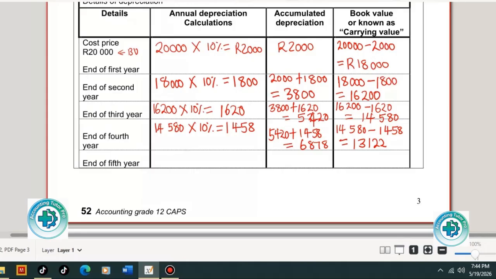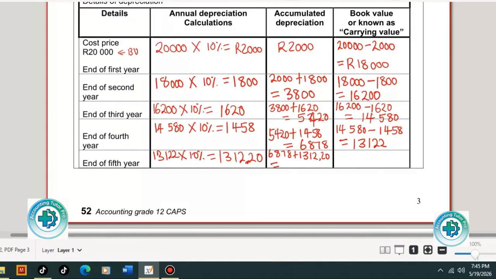And in the last year, the end of the fifth year, to calculate the depreciation for the year, we say 13,122 multiplied by 10%. This will give you 1,312 rand 20 cents. This amount is added to the already accumulated depreciation for the asset for 4 years, which is 6,878 plus 1,312 rand 20 cents.